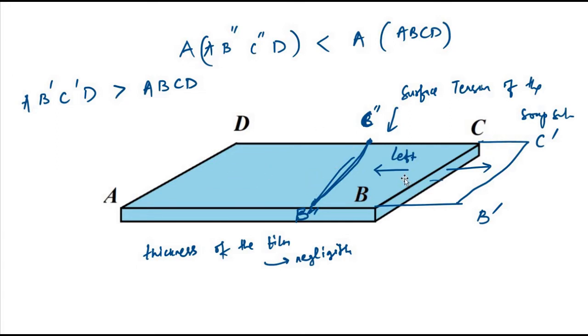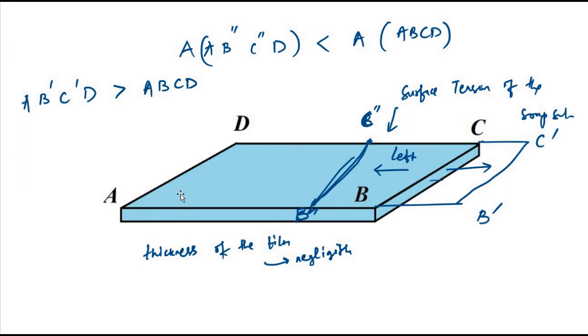But surface energy is the work done opposite to the force of surface tension, which pushes the movable portion BC to the new position B dash C dash, which causes an increase in the surface area as compared to the original area. So that is surface energy.